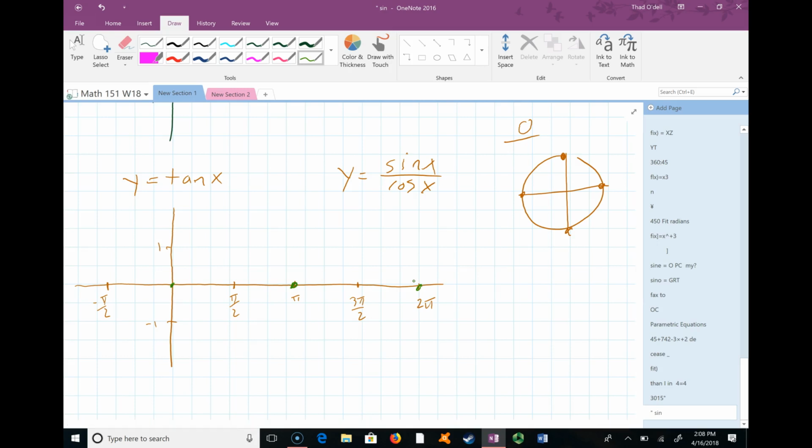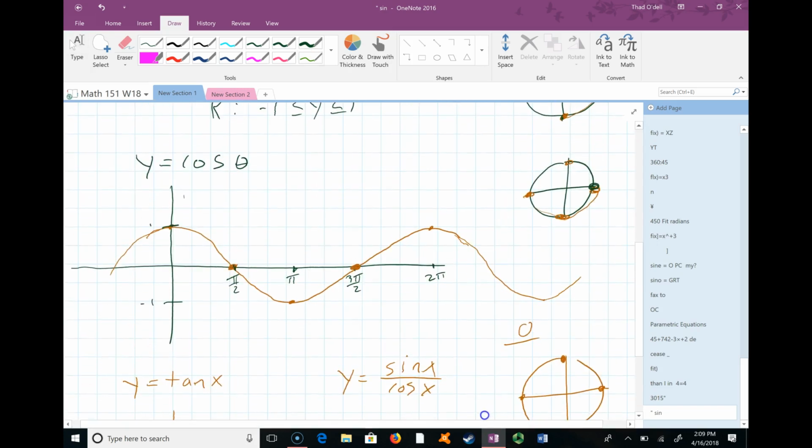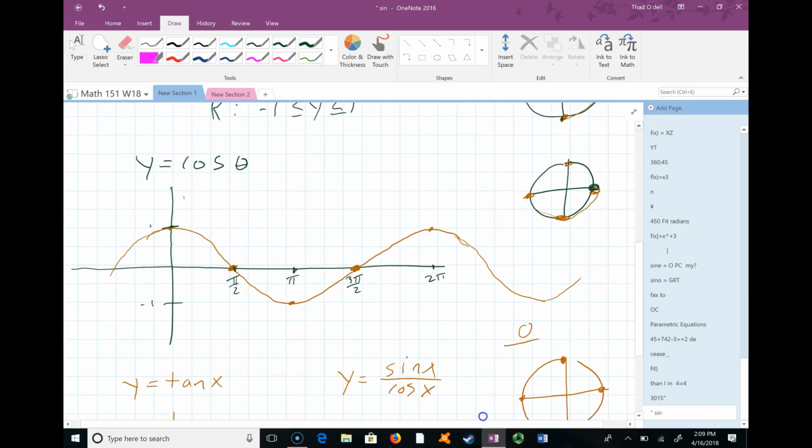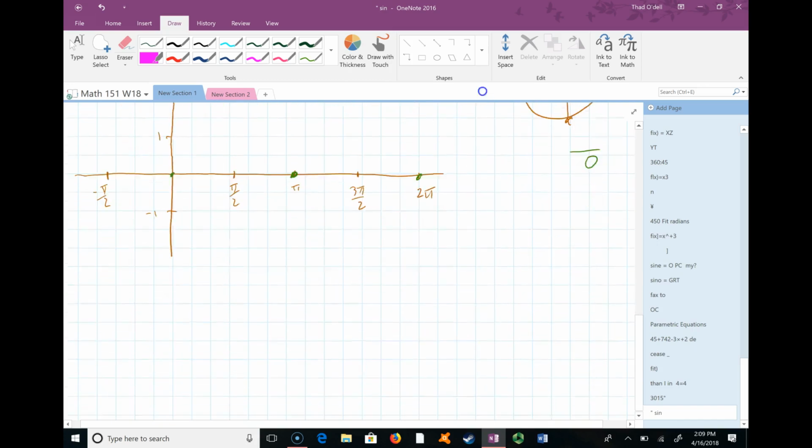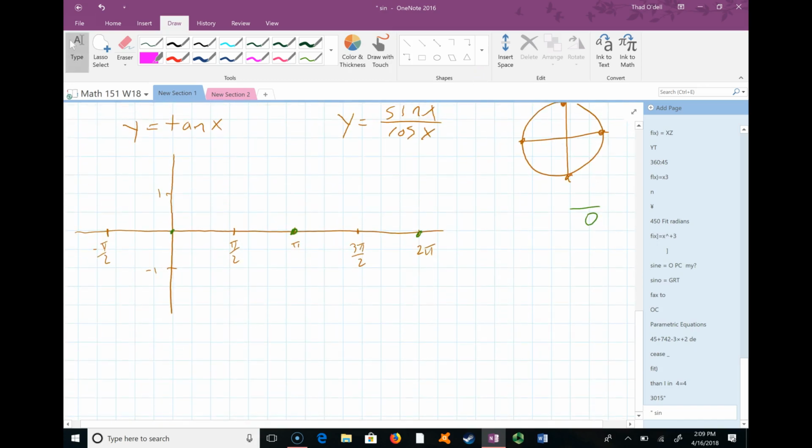Notice also, when cosine is 0, then we'd have something over 0, and we all know that you can't divide by 0. So whenever cosine is 0, tangent's going to be undefined. So that means, and we know the cosine, if we scroll back up real quick, cosine is 0 at the pi over 2's, like negative pi over 2, 3 pi over 2, etc. So cosine is going to be 0 at negative pi over 2 and 3 pi over 2, which means tangent will be undefined.